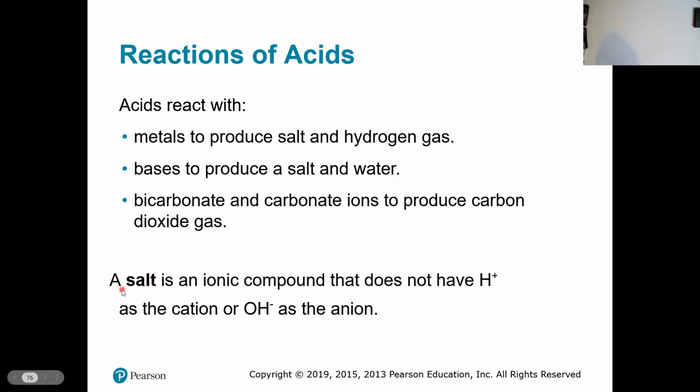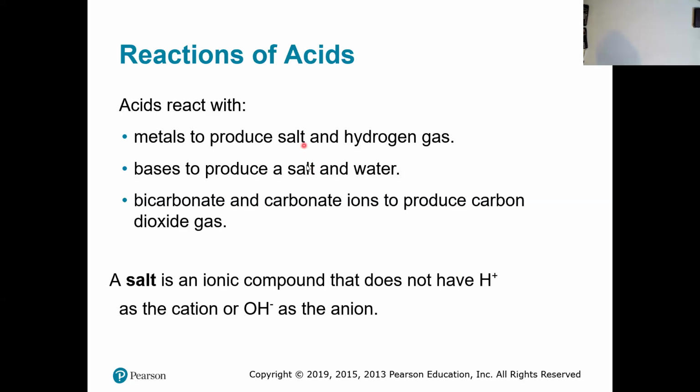When we say that a salt is produced, we're talking about any ionic compound that does not have hydrogen as the cation or a hydroxide ion as the anion. So things like sodium chloride or potassium nitrate, things that are ionic but don't contain either of these ions.